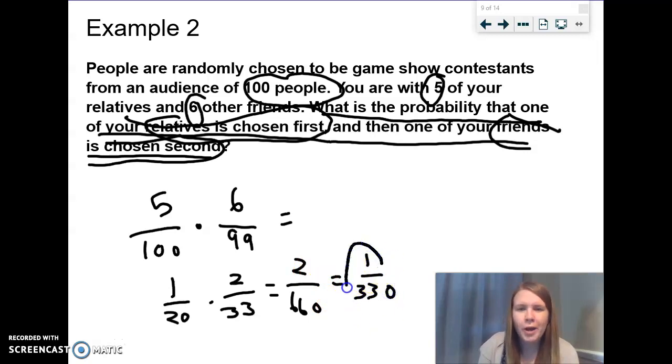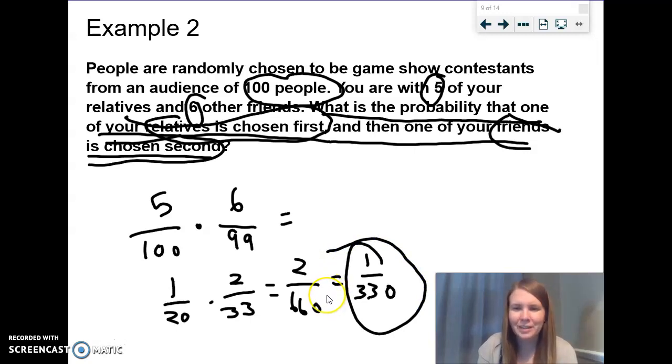So there is a 1 out of 330 chance that one of your relatives is going to be picked first, and then one of your friends is going to be picked next. That's a pretty slim chance. I would say it's probably unlikely, almost impossible. Not quite impossible, but very, very unlikely that that's going to happen.